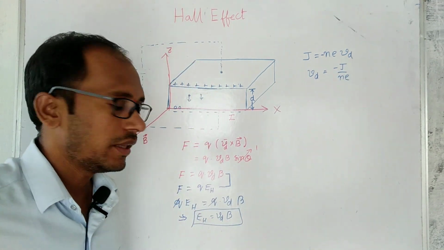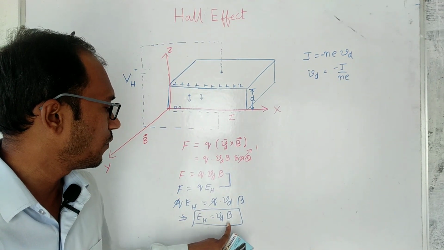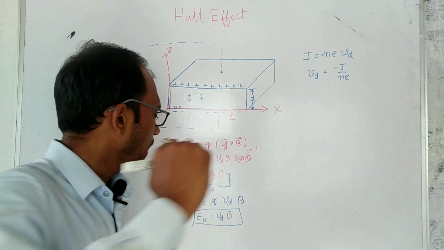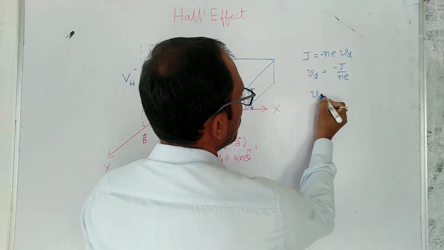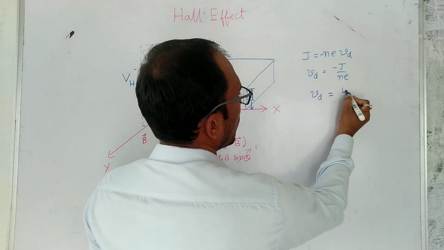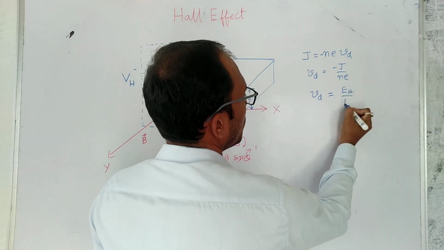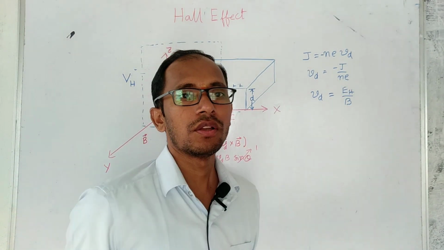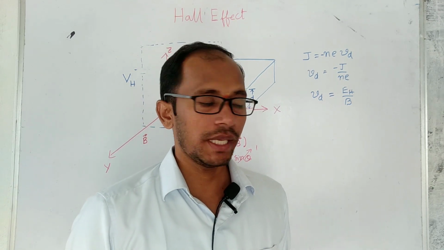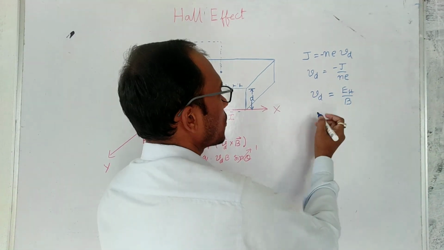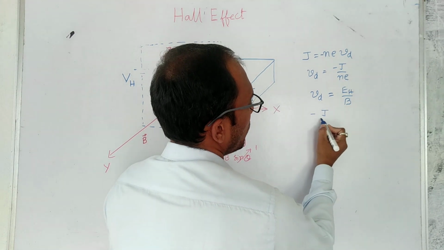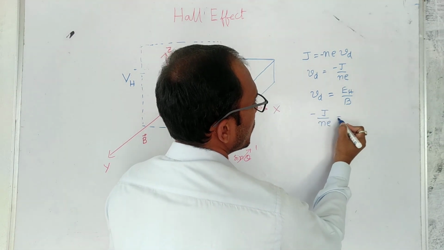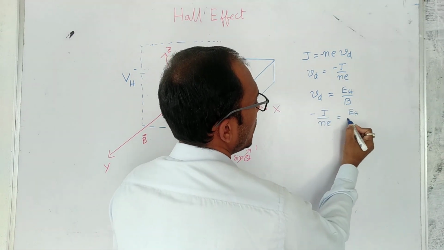Now in this equation EH is equal to VD into B, here VD is equal to EH by B. So from these two, minus J by NE is equal to EH by B.